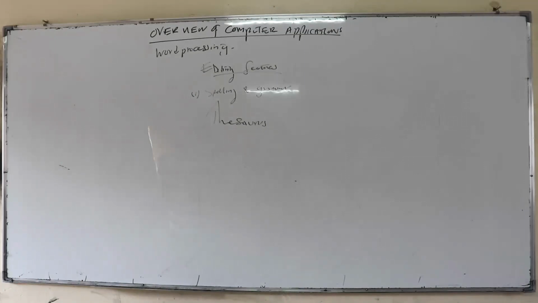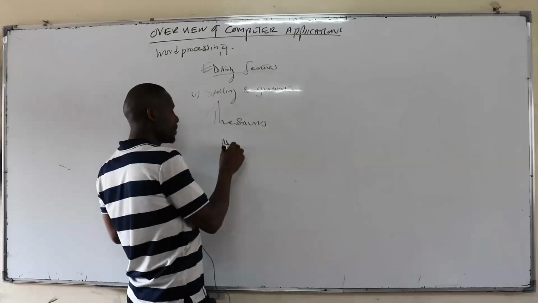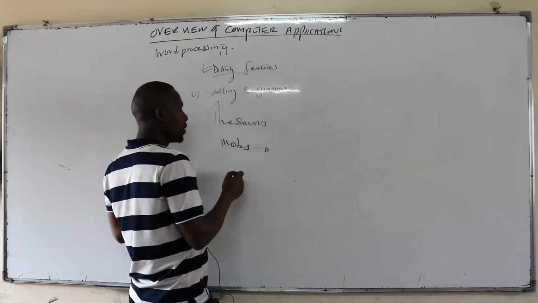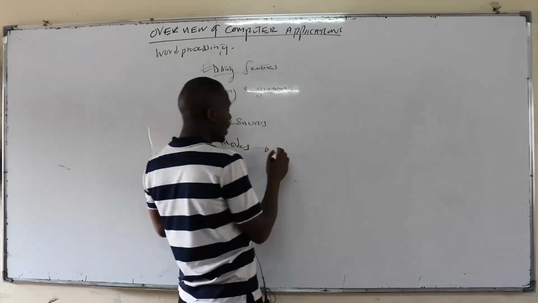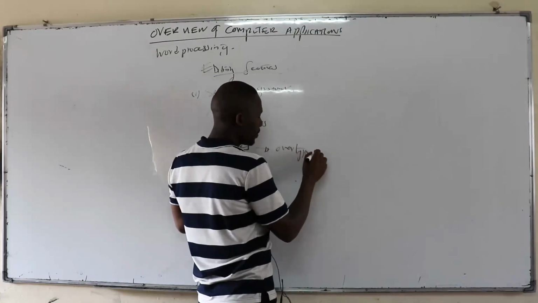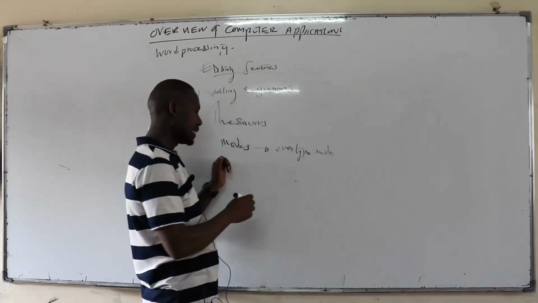The other features of word processing involve the typing modes. The typing modes involve the overtype mode and the insert mode.